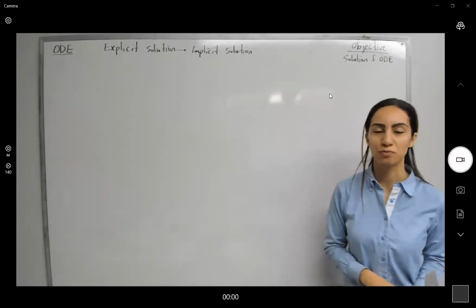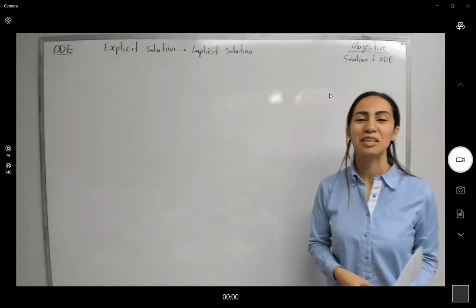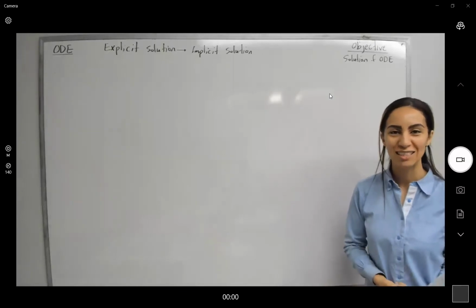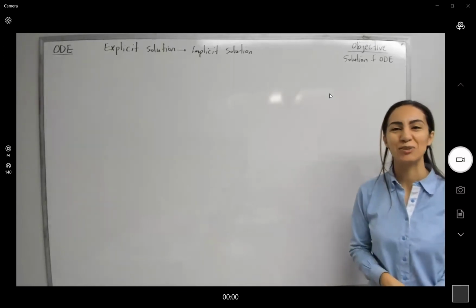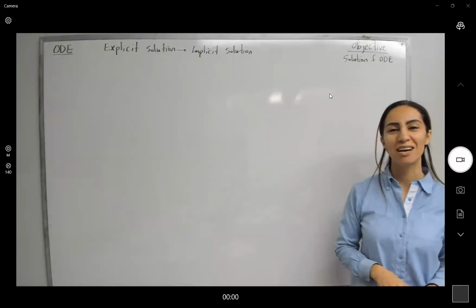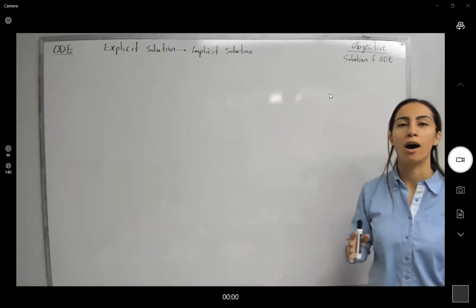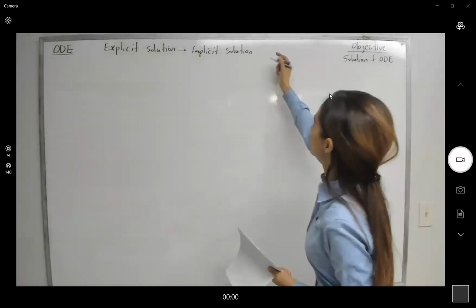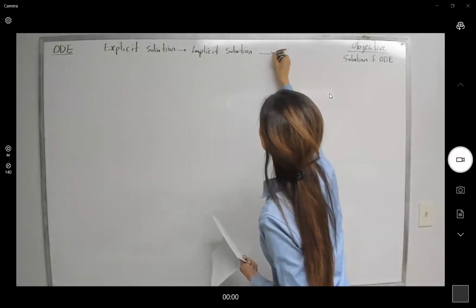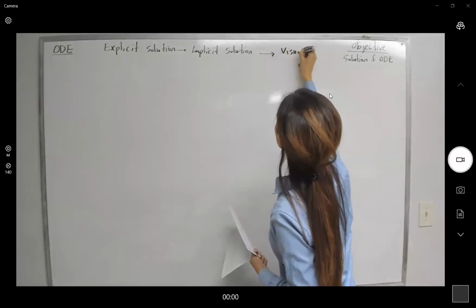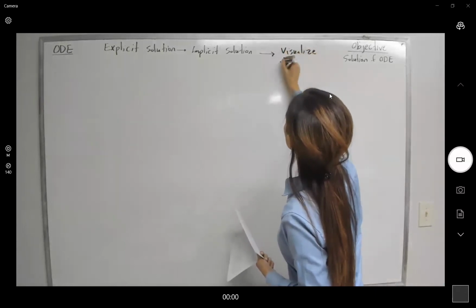What can we do? Well, here you can use technology, or you can use paper and pencil, graph the slope field, or use isocline lines. So in this case, we would like to visualize the solutions.